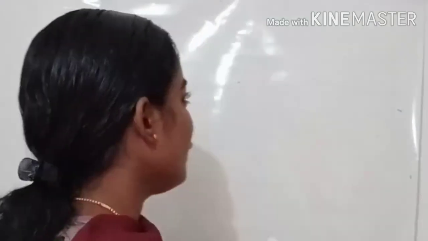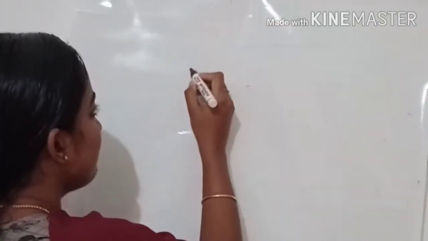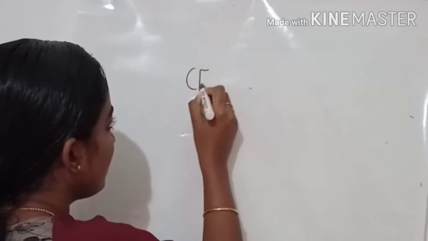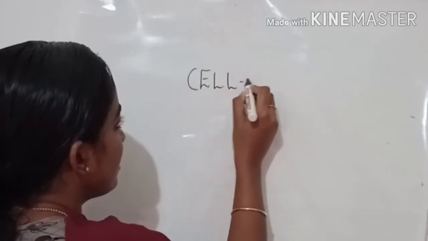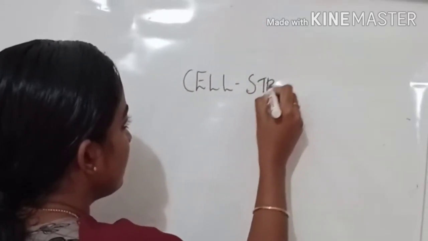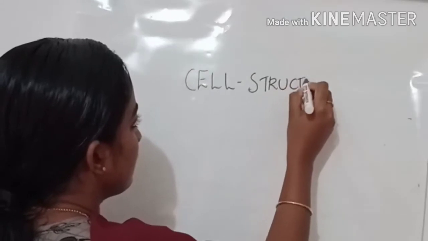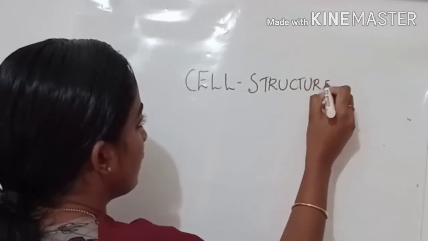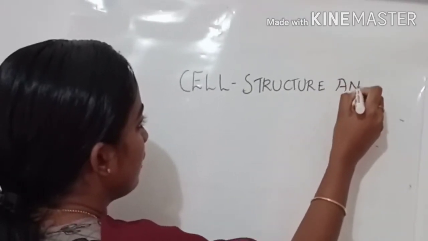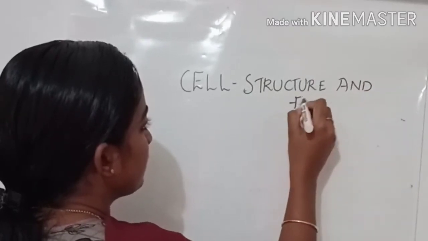Let's learn what the deal of cells is in living organisms. So let's move on to the chapter. Today we are going to discuss the new chapter: Cell, structure and function.